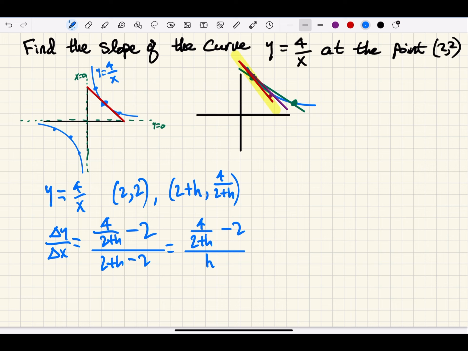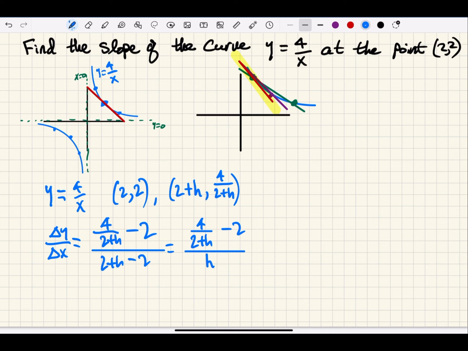Now, what we talked about doing was diminishing the distance between these 2 points until that distance was 0. And if that distance is 0, then that means that that value h is 0. And we can't substitute 0 for h in this form because it would be undefined. So what we have to do then is manipulate this complex fraction and see if we can write it in a form where we would not have a 0 in the denominator.